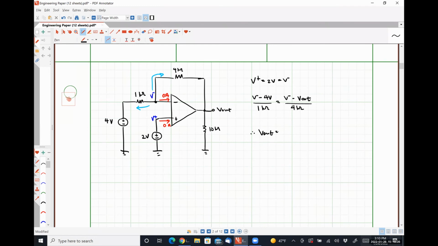And if we solve that, we find that our output voltage, V out, is equal to 10 volts.